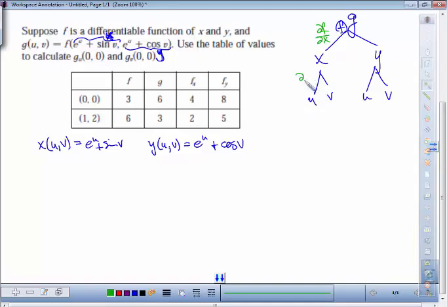We'll get a partial of x with respect to u, and then the partial of x with respect to v. And then F as a function of y, we'll get the partial of F with respect to y, and then the partial of y with respect to u, partial of y with respect to v.